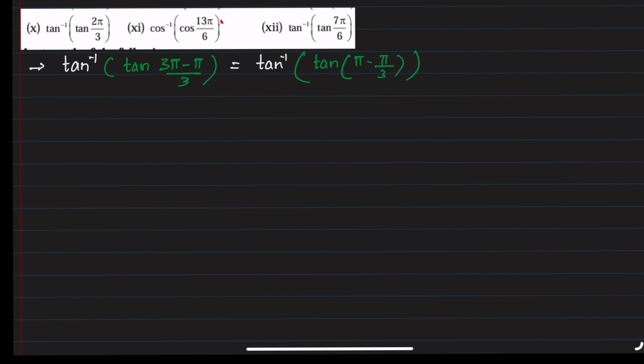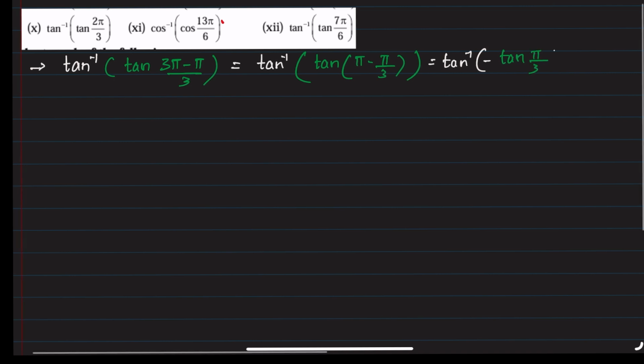Tan of pi minus theta, in the second quadrant tan is negative, so this will be tan inverse of minus tan pi by 3. Tan inverse of minus x is always minus tan inverse x, so minus pi by 3 is our answer. Done.